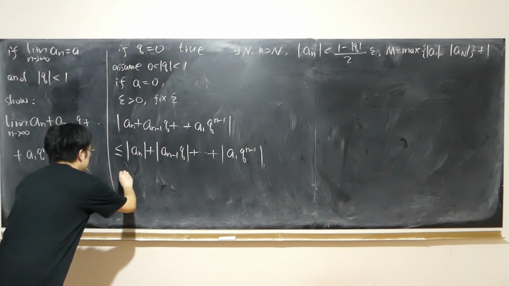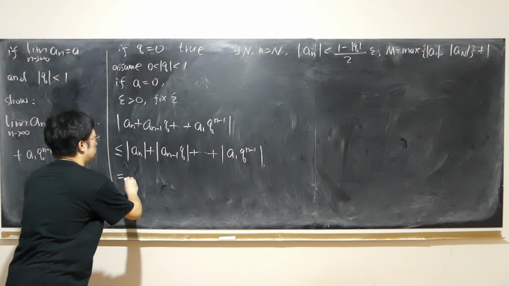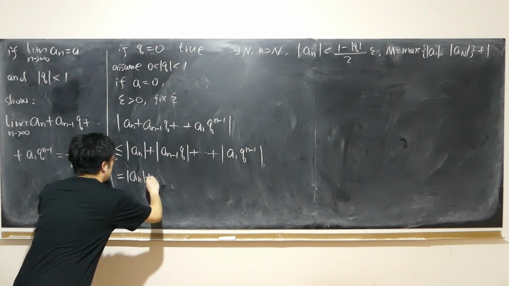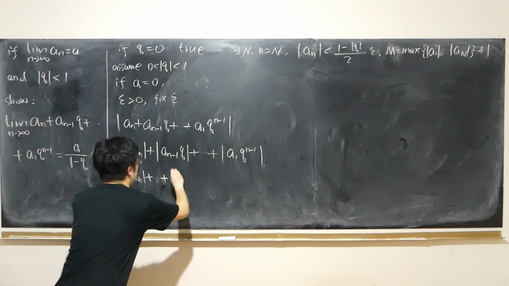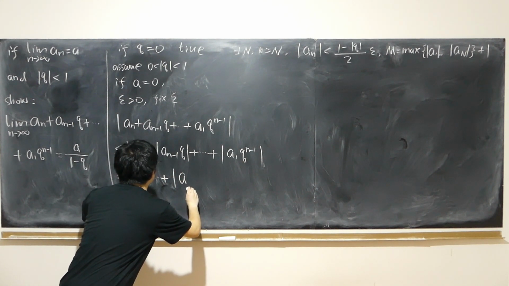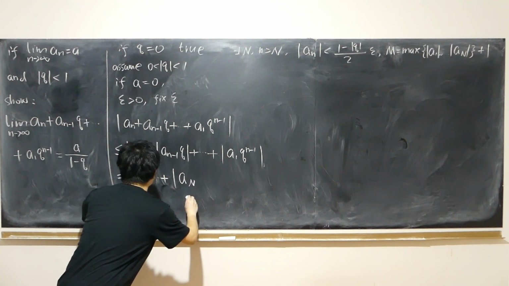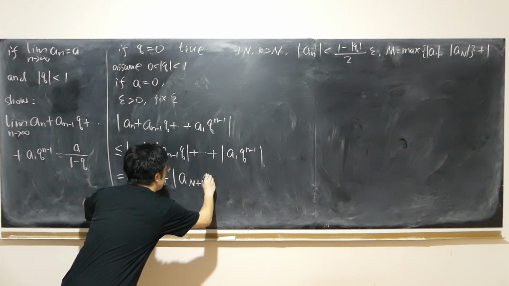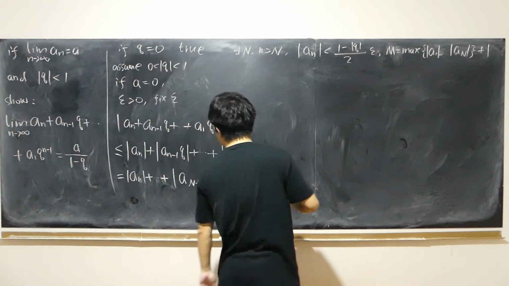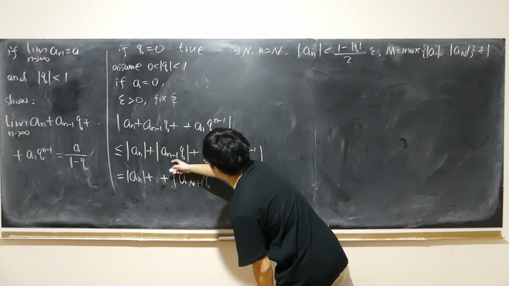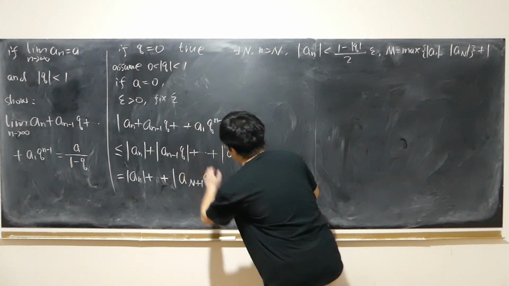And so that is equal to the absolute value of a_n plus all the way up to the absolute value of a_{N+1} times q to the power of, what's the pattern here? Subscript and the power add up to n.